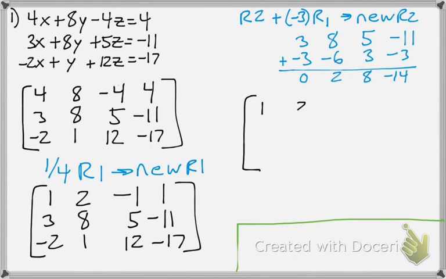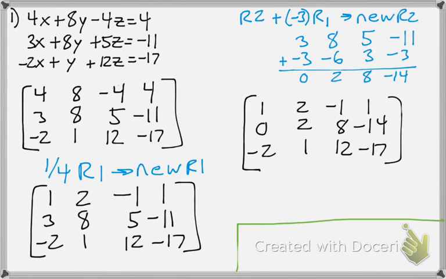So 1, 2, negative 1, 1, 0, 2, 8, negative 14.